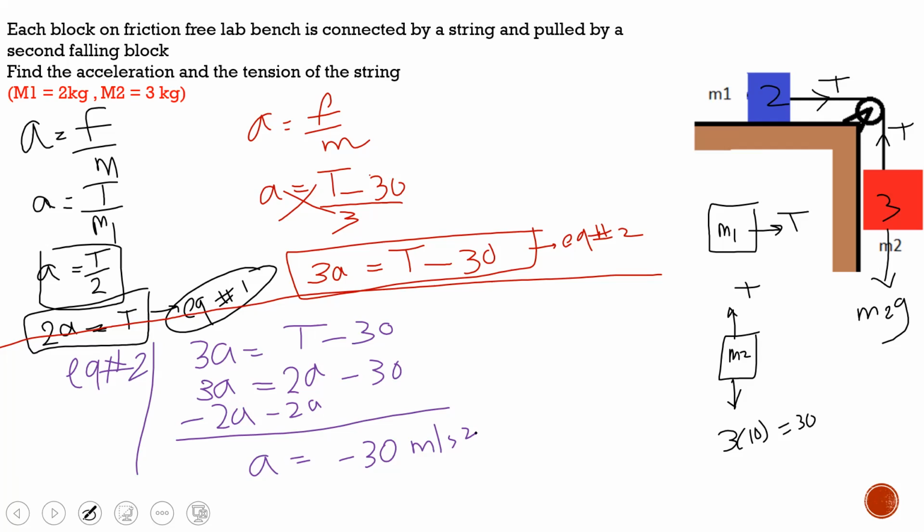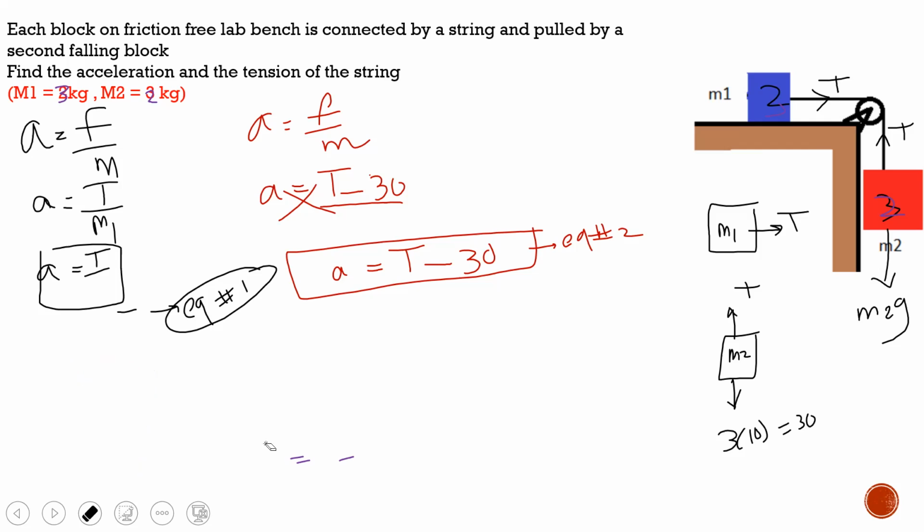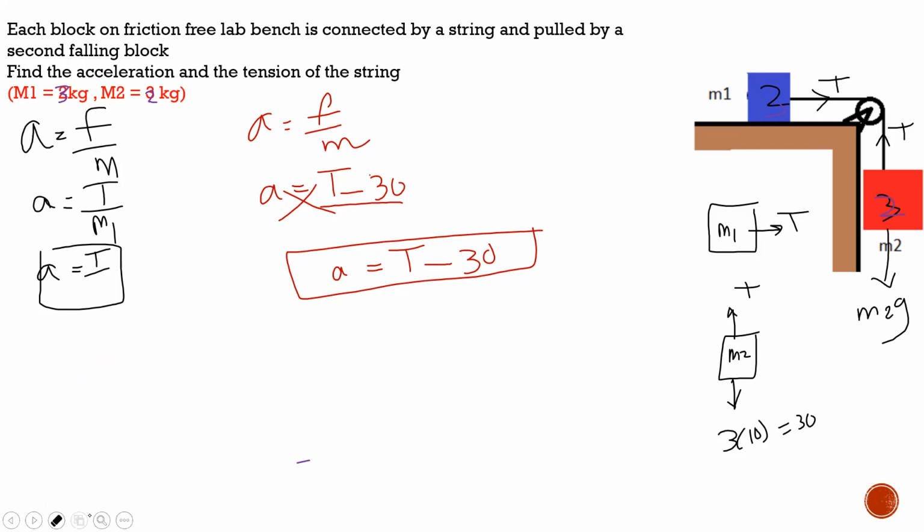Okay, let's make mass 1 equal 3 and mass 2 equal 2. Sorry, so let's change the masses. Mass 1 make it 3 and mass 2 make it 2.